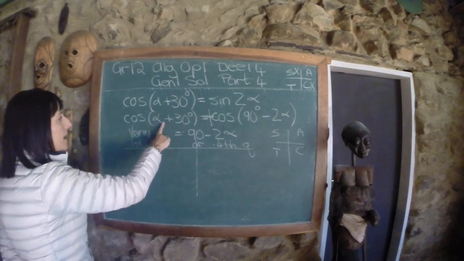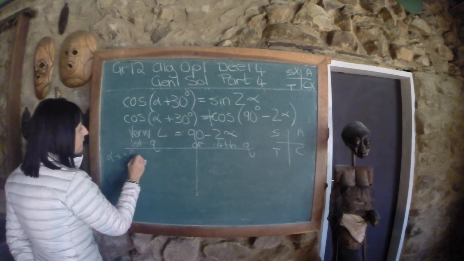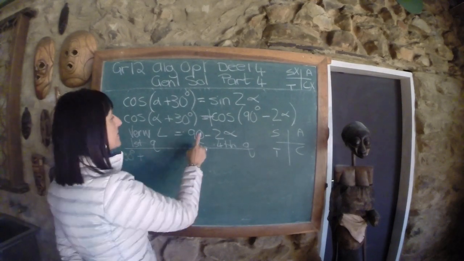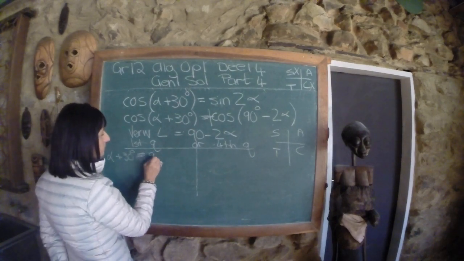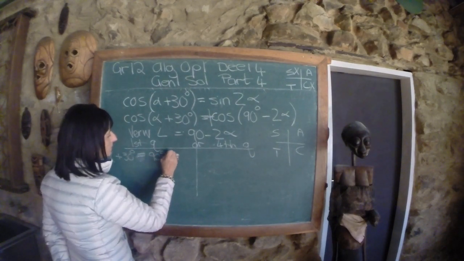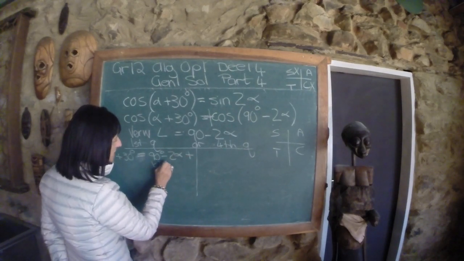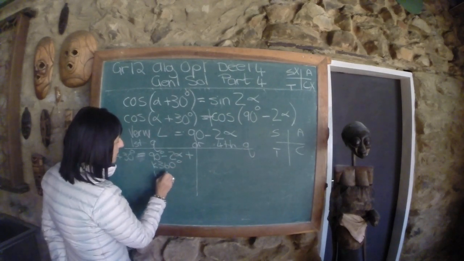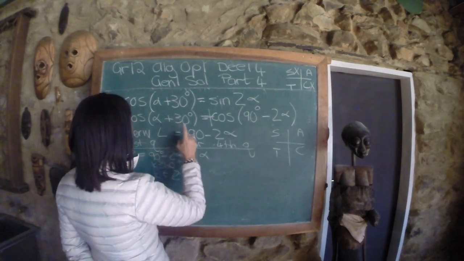Now again, my angle. In the first quadrant, 0 plus reference angle. And now it's cosinus, so it's plus K360, K element of Z. Fourth quadrant, my angle.